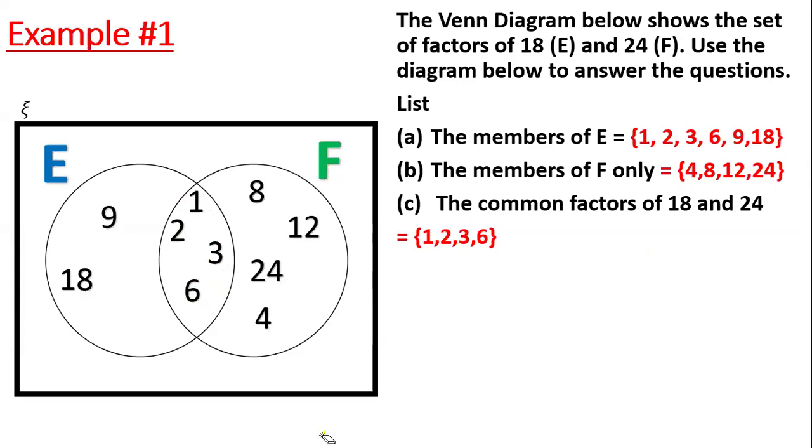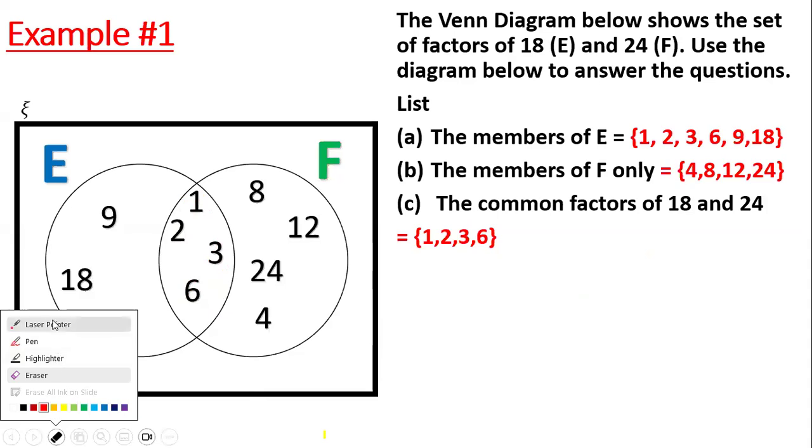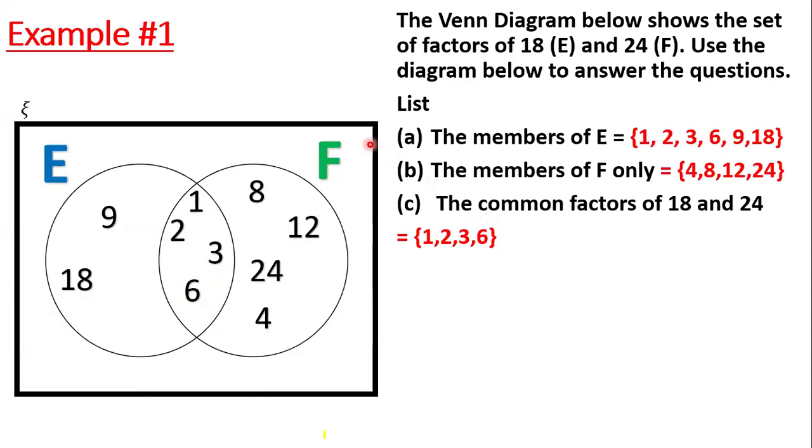Good. So next. The common factors are going to be 1, 2, 3, and 6. Okay, next.